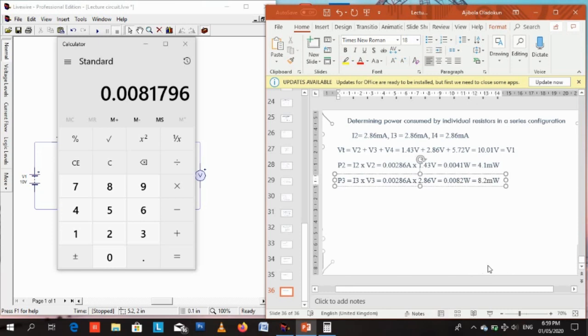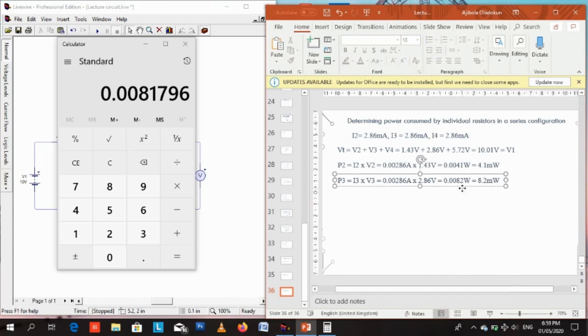The milli is a small m, the W a capital W.